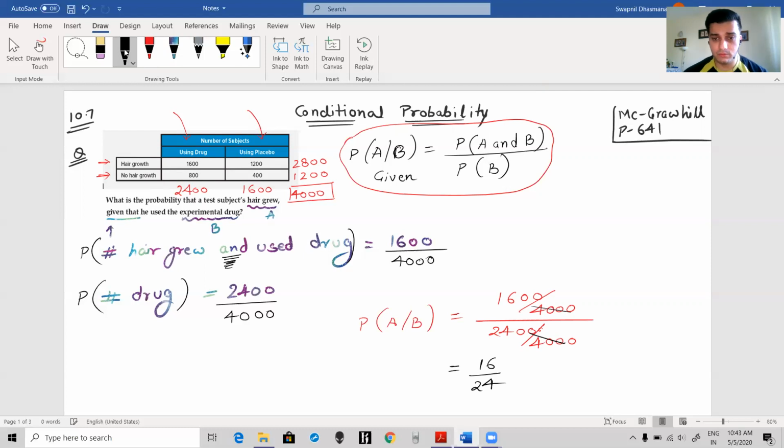I'll divide it by 4, and that will give me 4 times 16, 6 times 24, so that's going to give me 2 by 3. Now this 2 by 3 is the chance that a person who's using the drug will have hair growth. So that will be your answer.